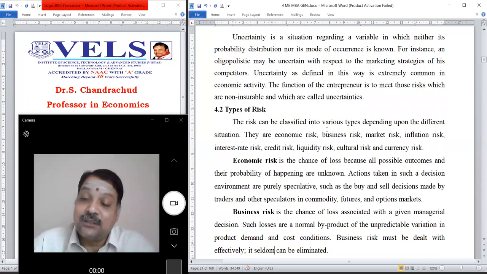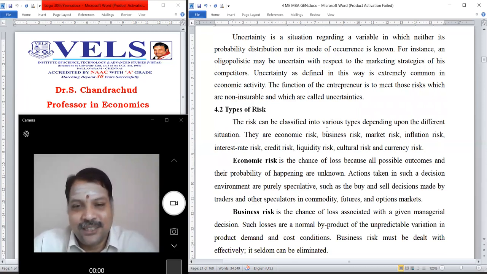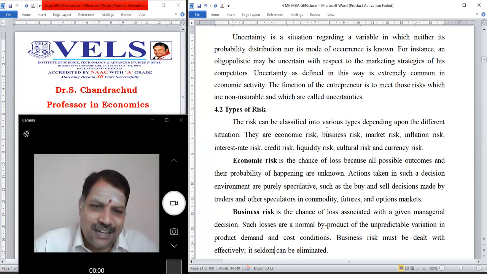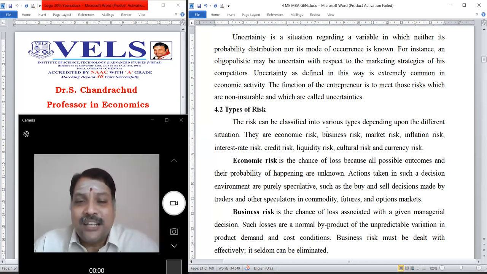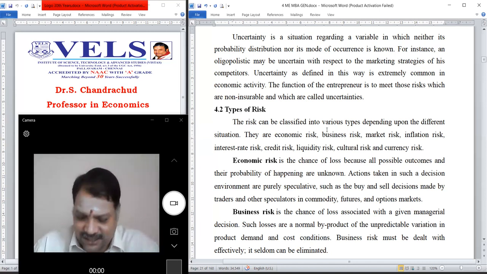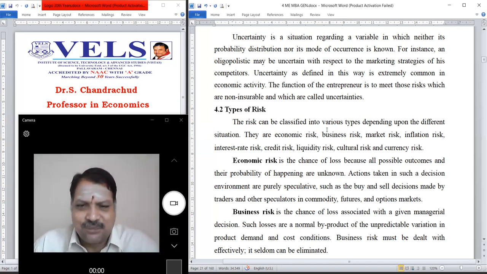First, we will see economic risk. Economic risk is a chance of loss because all possible outcomes and their probability of happening are unknown. Actions taken in such a decision environment are purely speculative, such as the buy or sell decisions made by traders, or any other decision related to commodity futures or options.